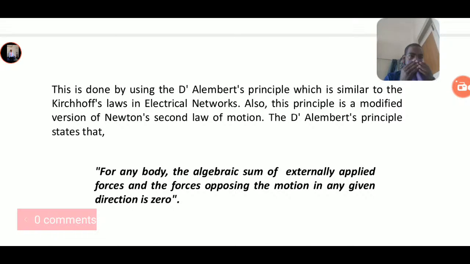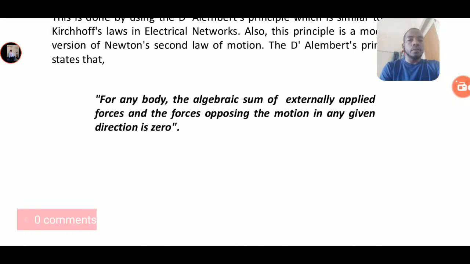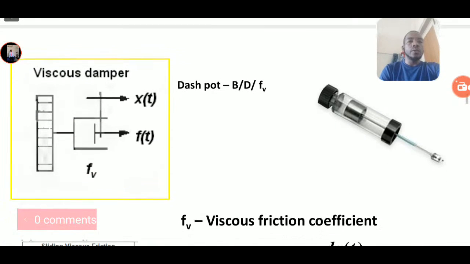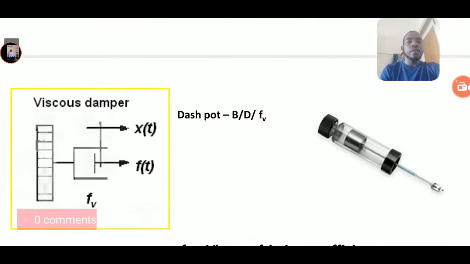The principle states that for any body, the algebraic sum of the externally applied forces and the forces opposing the motion in any given direction is zero. After this, we move on to the viscous damper.